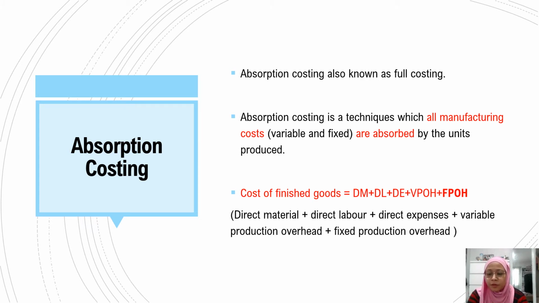So the formula for the absorption costing is DM plus DL plus DE plus VPOH plus FPOH, fixed production overhead. DM, direct material plus direct labor plus direct expenses plus variable production overhead plus fixed production overhead.